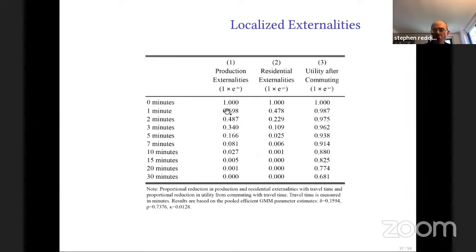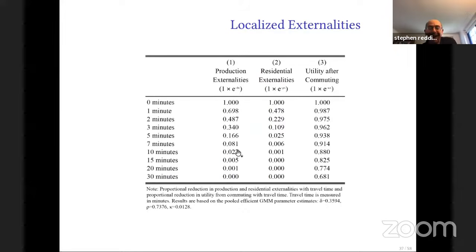This shows you just how localized these production externalities are. Within around 10 minutes travel time, they basically go to 0. So 10 minutes travel time is walking around a kilometer. It's less than a kilometer by walking, and I think it's about 3 kilometers traveling by underground and suburban railway lines.